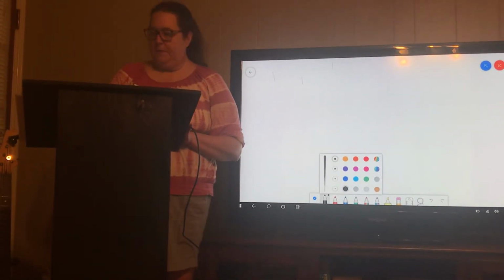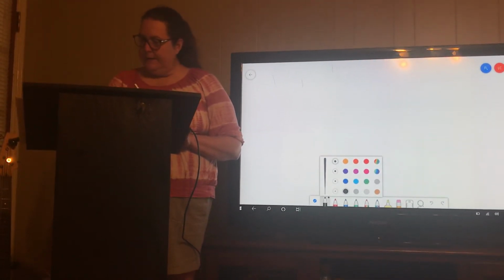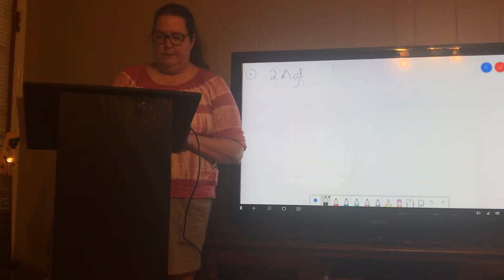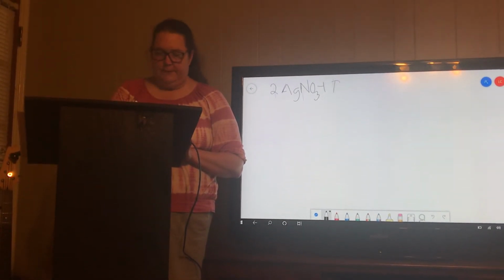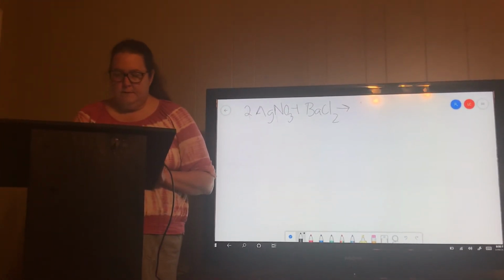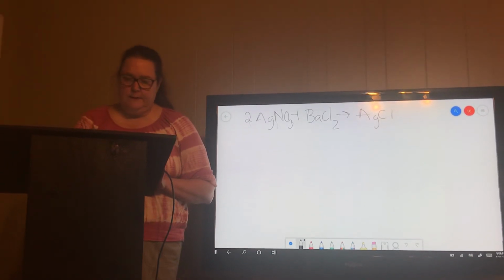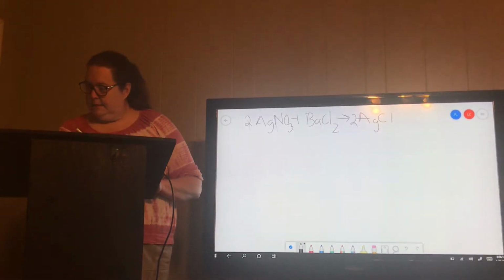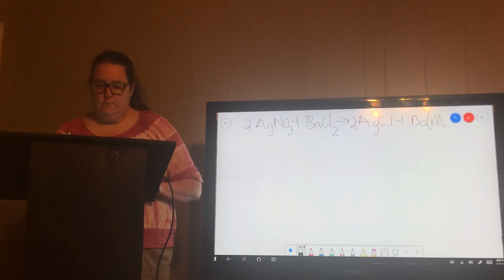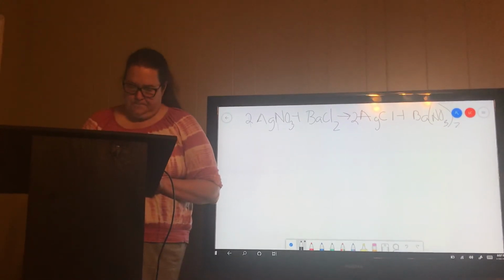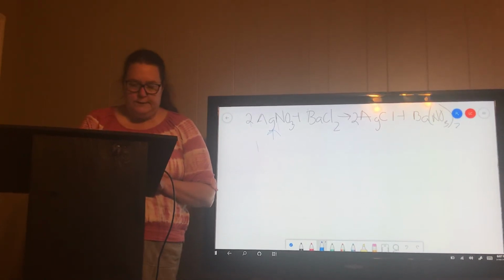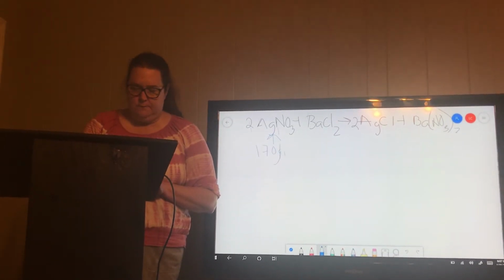Let's see here. We're going to rewrite it as 2 silver nitrate plus barium chloride gives me silver chloride, and I need 2 of those, and barium nitrate. All right, so here the molecular mass is 170 grams per mole.